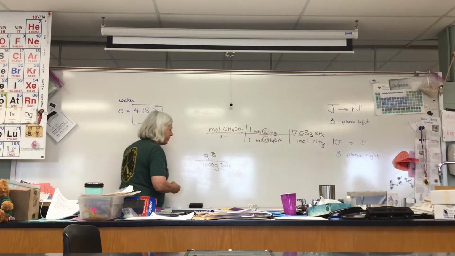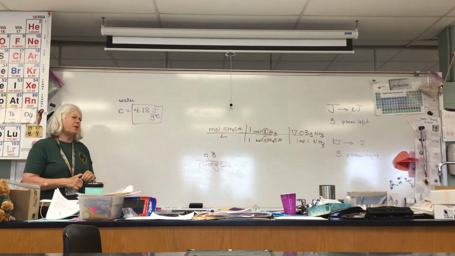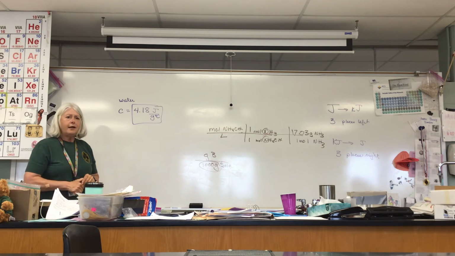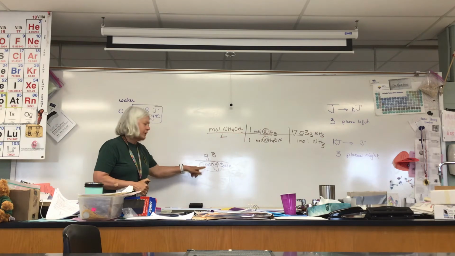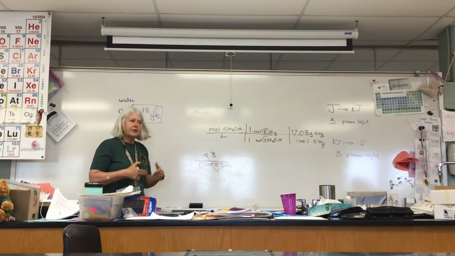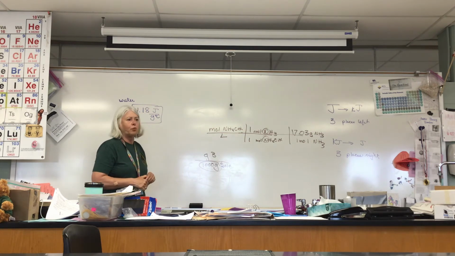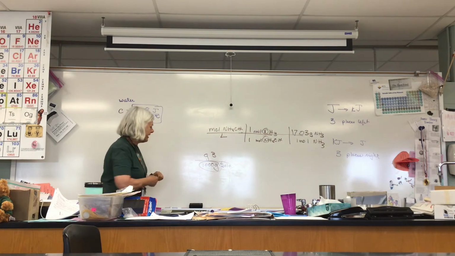You know that 1 liter is 1,000 grams only for water, and this is a pretty low molarity, so you can just assume that it's not going to affect the density of water. If it was super concentrated, it might make it more dense, but it's not. So the density will still be 1 gram per 1 milliliter. So we're going to have some number here.